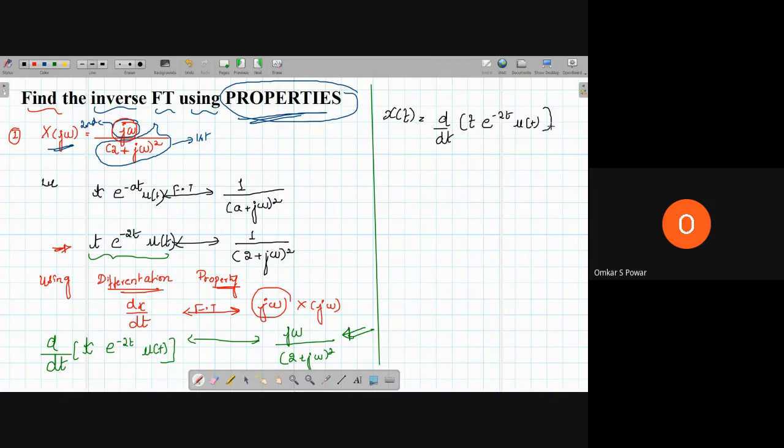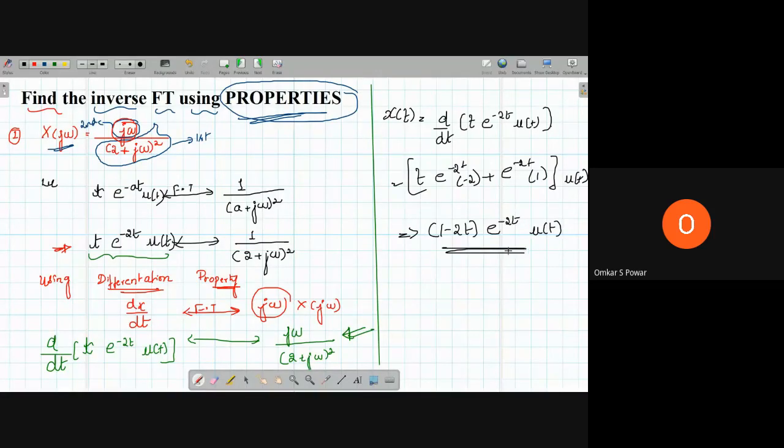This is like the differentiation of u into v, which is u into differentiation of v plus v into differentiation of u, whole multiplied by u of t. If you simplify this, you'll get (1 minus 2t) e power minus 2t u of t. So this is your corresponding time domain signal.